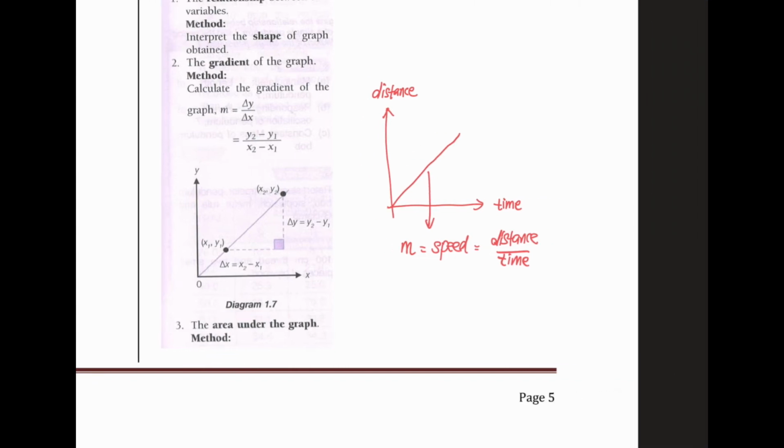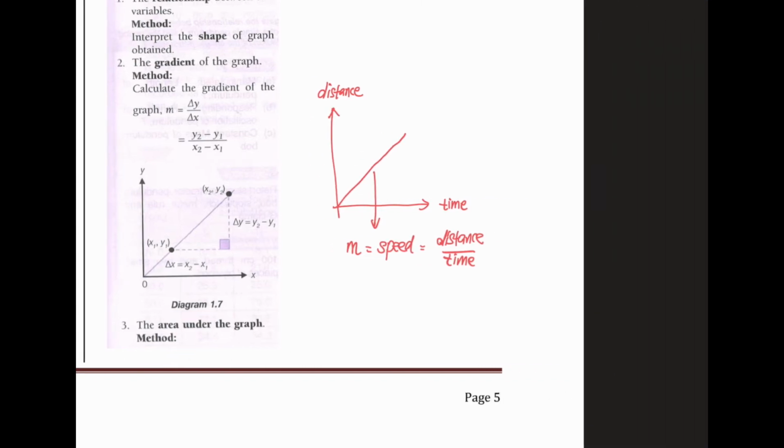Another example, let's say if you have graph with displacement versus time, then we know that the gradient is velocity. Why velocity?